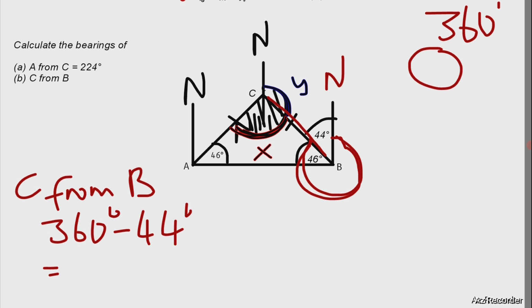We are getting 316 degrees, and there is your bearing.